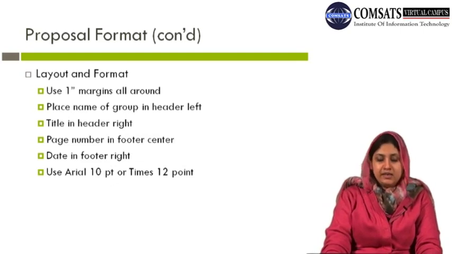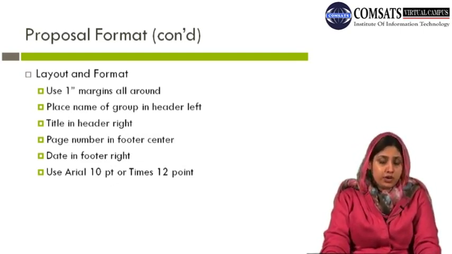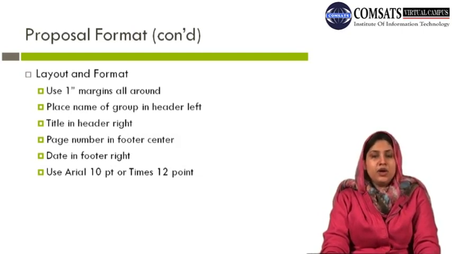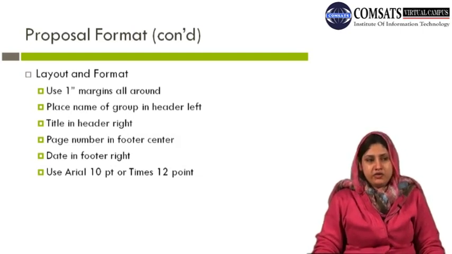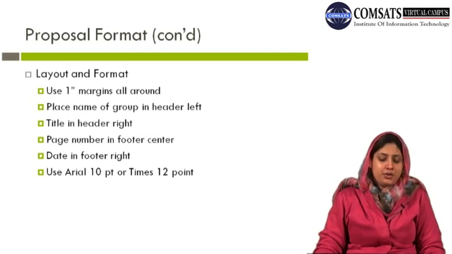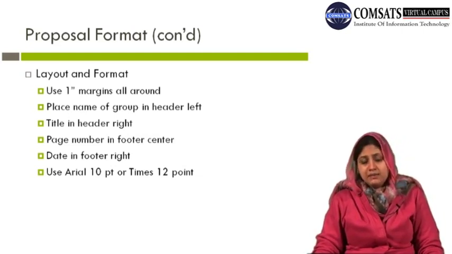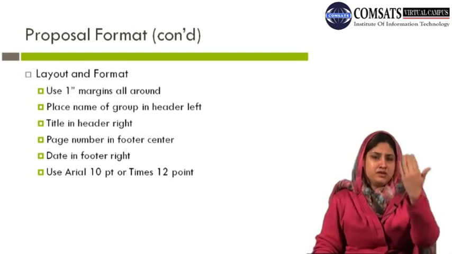Then date in footer right, and use Arial 10 pt or Times 12 pt. The usual standard official font types are Arial or Times New Roman, and the sizes fluctuate between 11 point to 12, and it depends on the spacing.